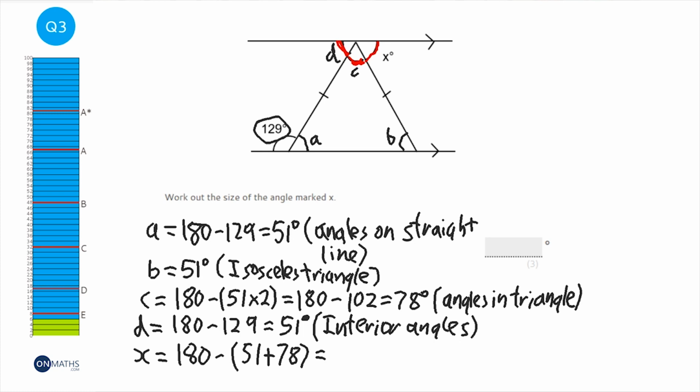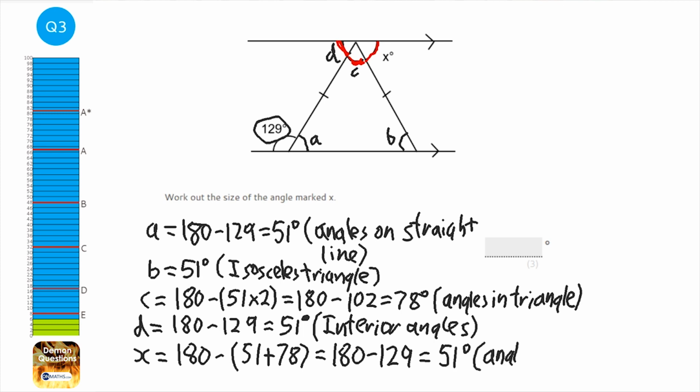So 50 plus 70 is 120, so it would be 129. Let's just check that. 50 plus 70 is 120, plus the 9, 129. And so we do 180, take away 129. If I add 1 to 29, it makes 30, and that means I've got to add another 50. So that equals 51 degrees.